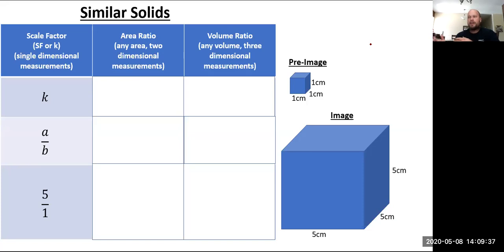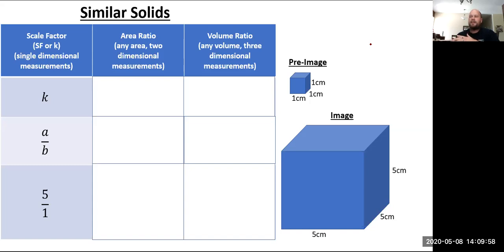Well, you can also dilate a three-dimensional image as well. We're not doing this on a coordinate plane like we did the last time. The only thing that we're going to talk about here is how the original pre-image is related to an image if it is similar. Now, in order to have similar solids, it still fits the same criteria as similar figures before.